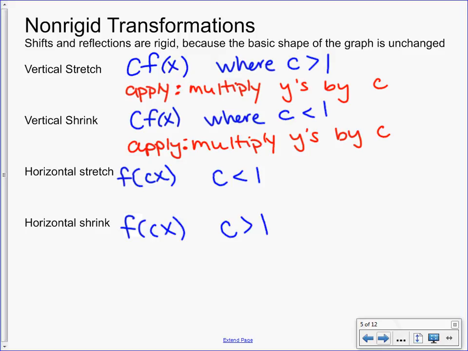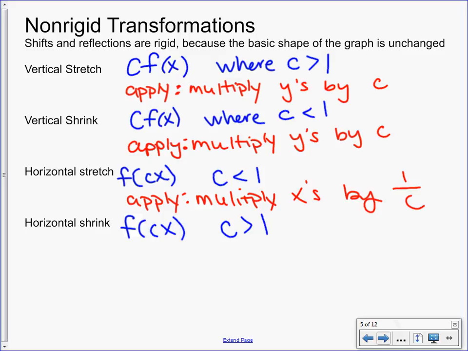Okay, now to apply a horizontal stretch or shrink, we are going to multiply all of our x values from our parent function by 1 over C. Remember, things get affected kind of backwards when they're inside of our function.